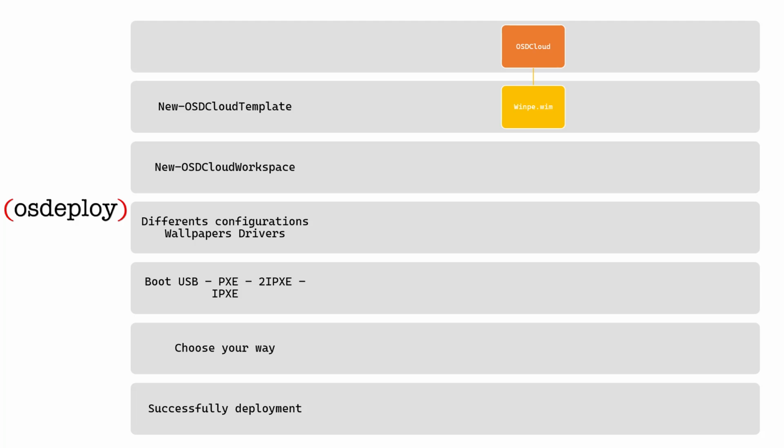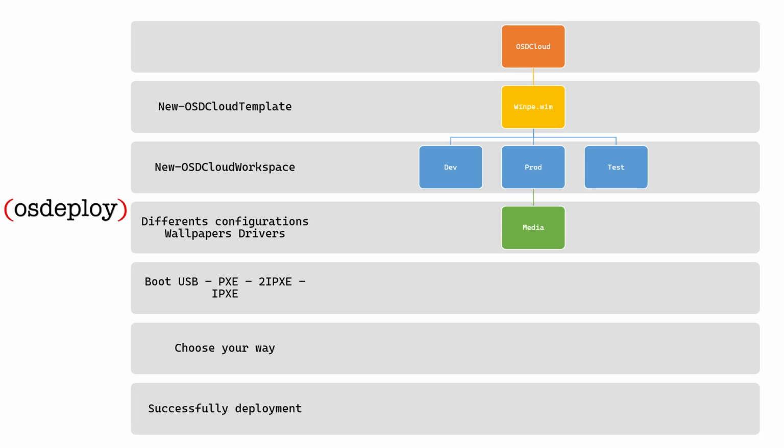When you create your template, you need to create a workspace with New-OSDCloudWorkspace. You can create different workspaces with different settings: one for production, one for development, and another for some tests with different configurations. Cloud drivers, wallpapers, and some other stuff. When you did this, for each cloud workspace, you can create media for boot.